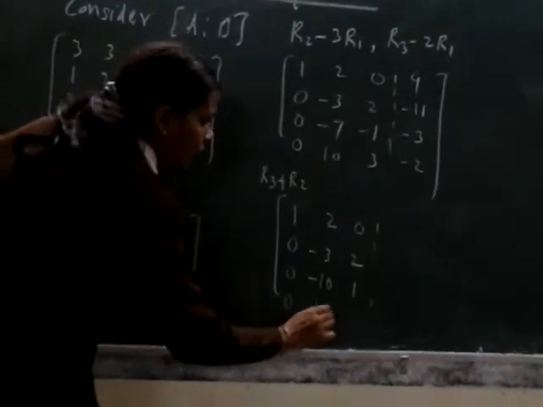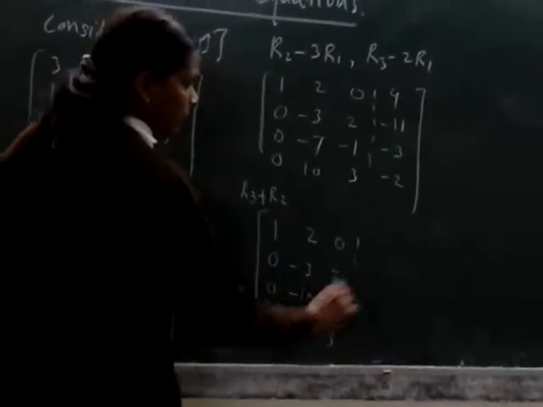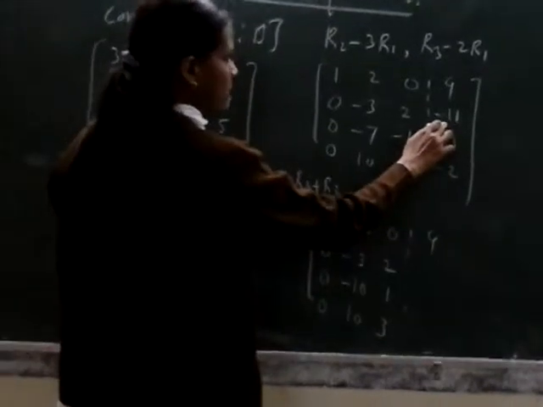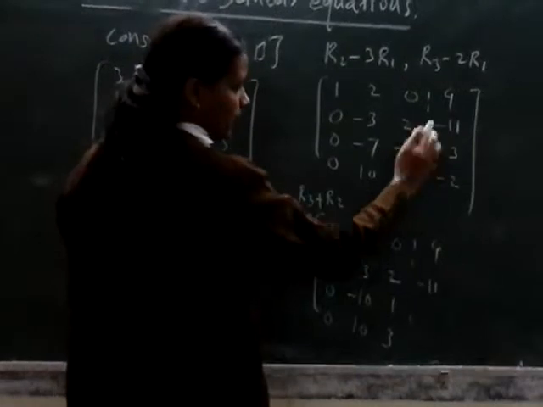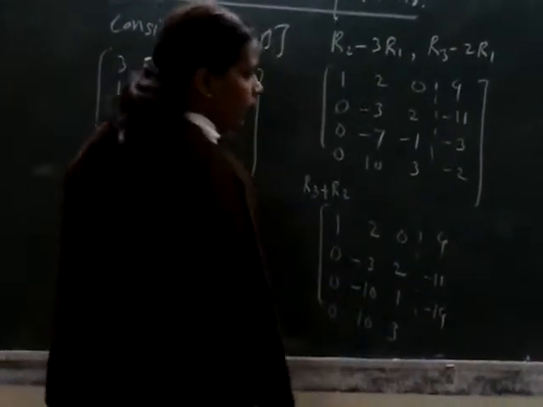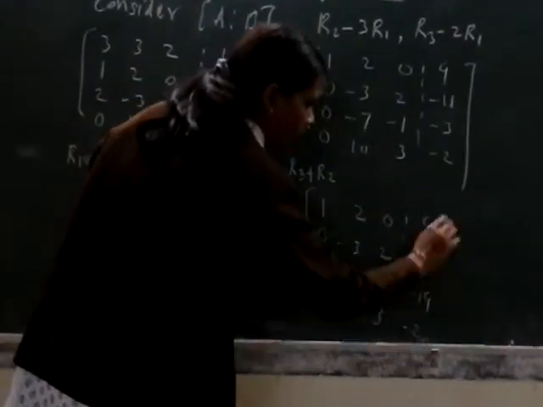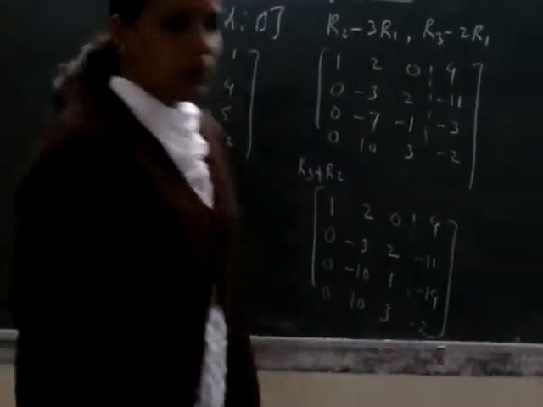Next is 0, 10, 3, 4. Next is minus 11. This element is minus 3, minus 11, it is minus 14. And last element, it is minus 2.